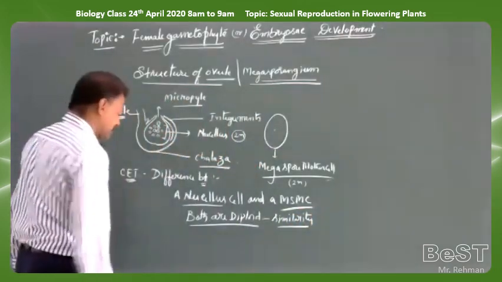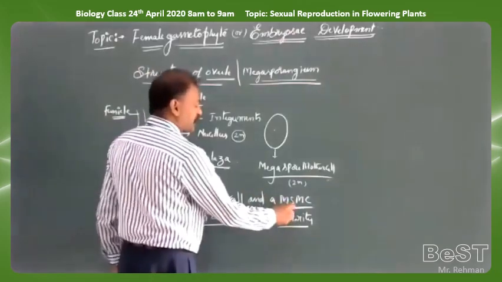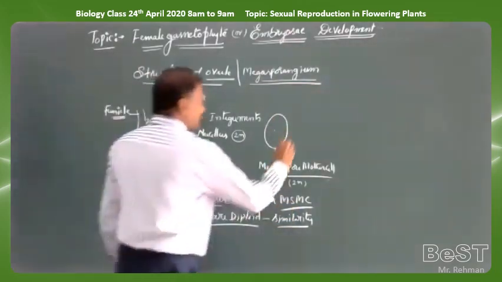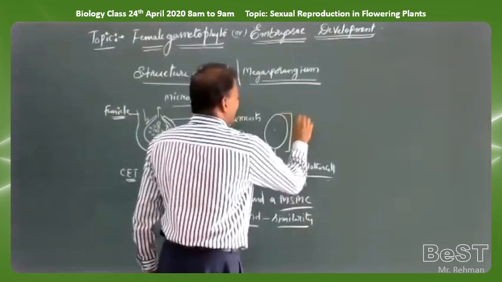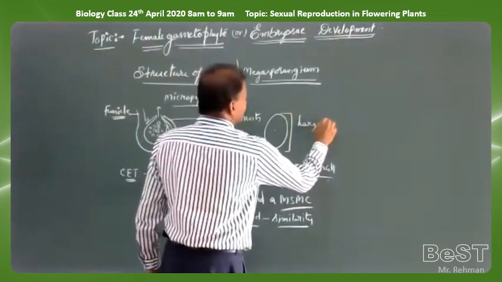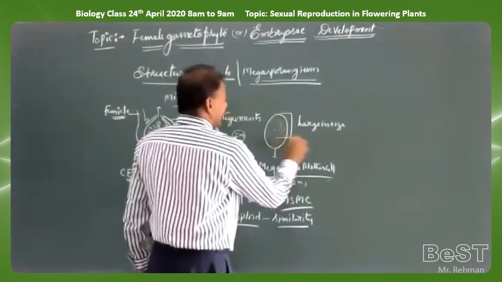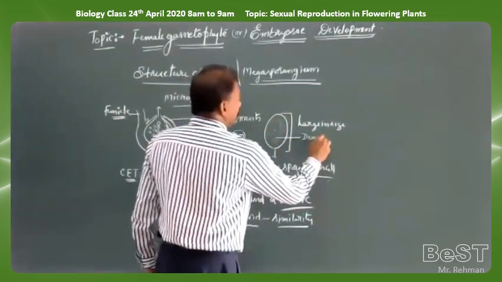What is the difference? A megaspore mother cell is large in size. It has dense cytoplasm.